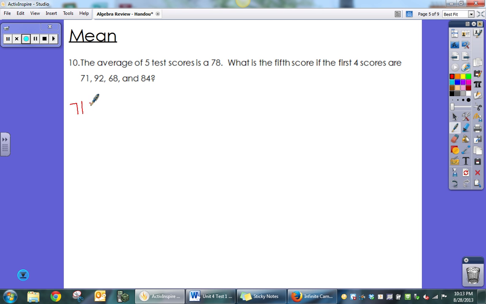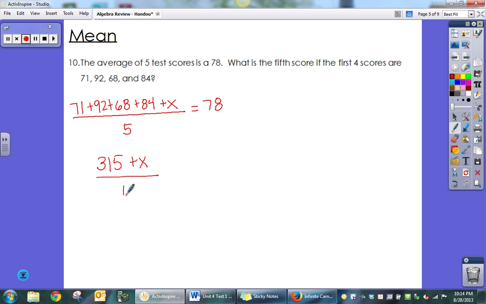So if I knew all 5 tests, I would add them together, and since I don't know the 5th one, I'm just going to say x, and I would add them together and divide by the number that there are. And they're telling me that when I find this average, the answer is 78. So once I add these like terms, I get 315 plus x over 5 equals 78.